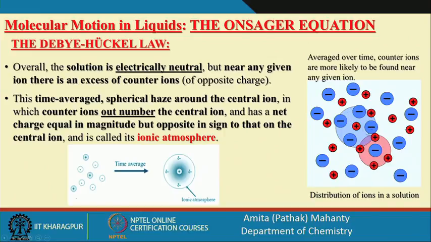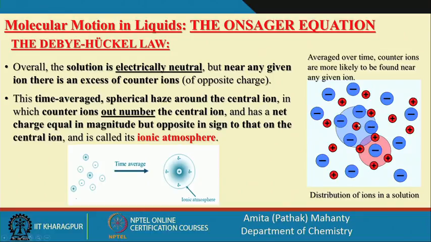This is a central charge, a negative charge which is surrounded by a positive haze, and a positive charge is surrounded by a negative haze. So, the overall solution is electrically neutral, but at any point any given ion will have an excess of counter ions, opposite ions, surrounding it.